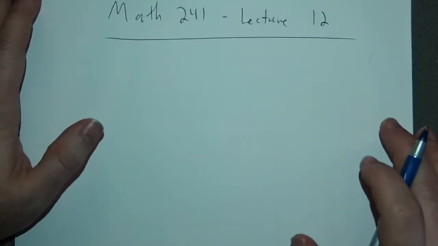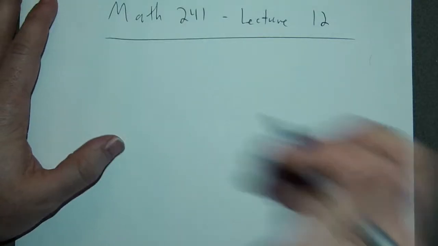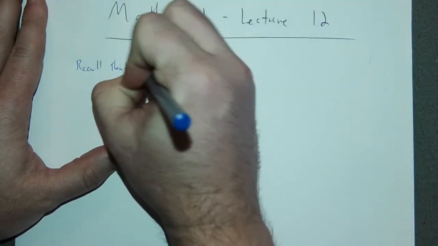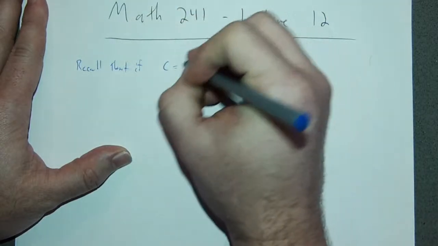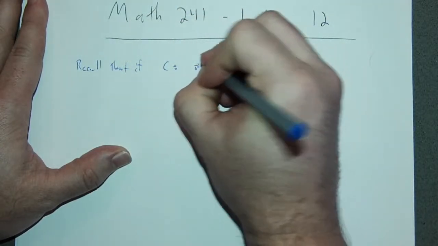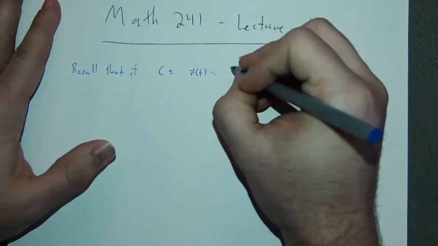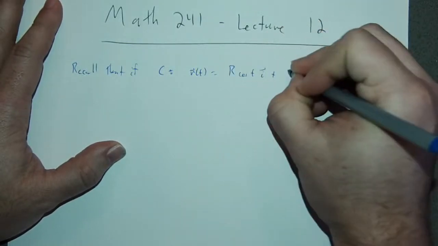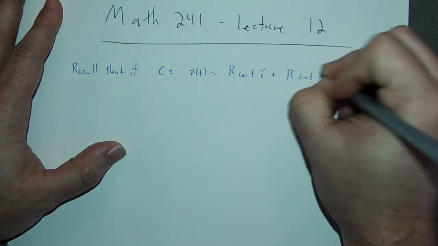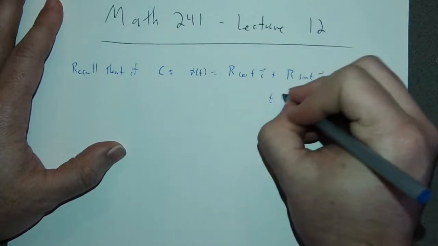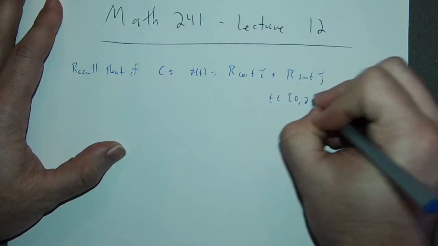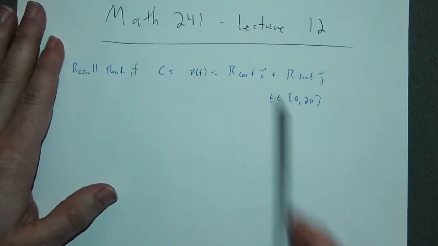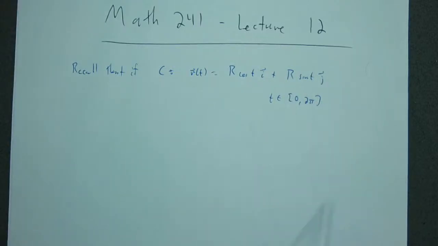So first things first, recall that if C is the curve parameterized by R cosine t i plus R sine t j, this circle of radius R, with t in some interval. Remember, don't make the mistake of writing a parameterization for a curve and not including where the parameters live.